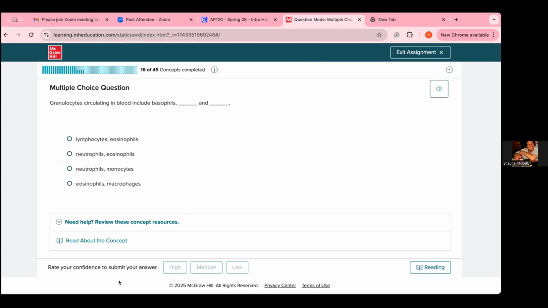Lymphocyte, eosinophils, neutrophils, monocytes.